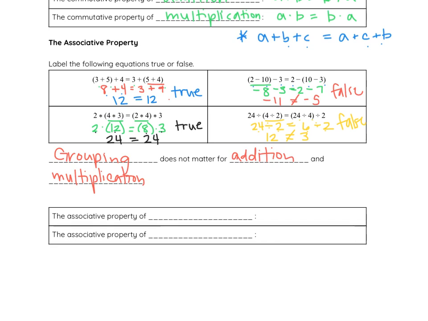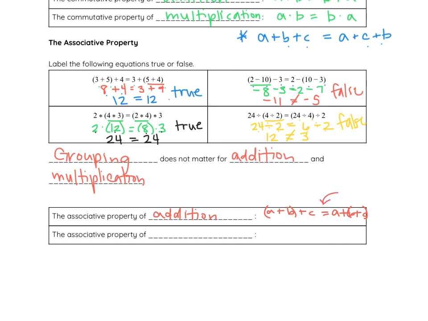We have the associative property of addition, and that would look like this. If I had A plus B plus C and A plus B plus C, if I group these first two, that's going to be the same as if I group the last two. So this statement would still be equal.